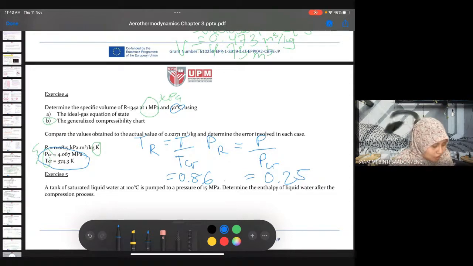So from the compressibility factor Z versus reduced pressure diagram, for TR around 0.86 or a bit lower, we have to kind of extrapolate the diagram, with reduced pressure around 0.25. From the diagram that I shared, it's a bit outside the diagram too, but it's okay. I'll give the value Z.